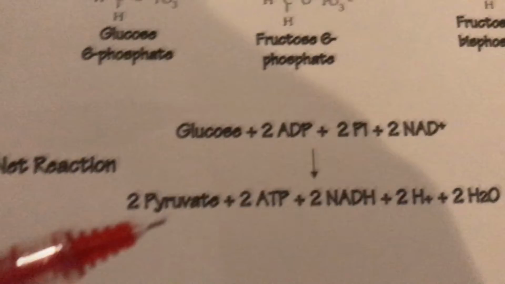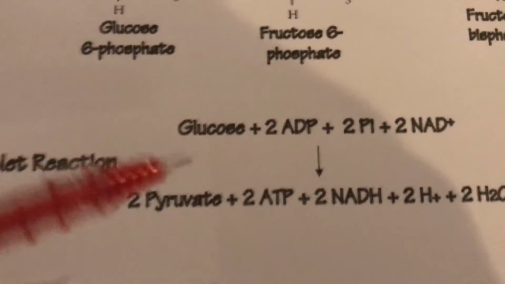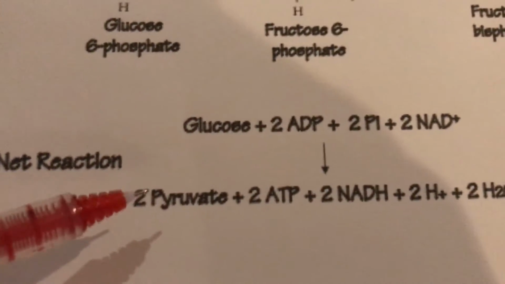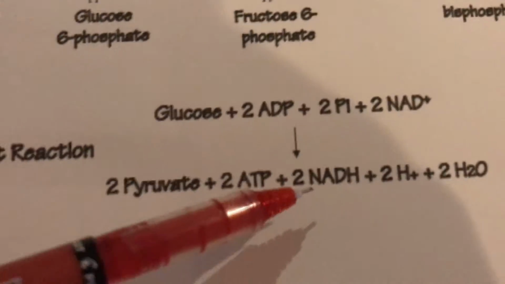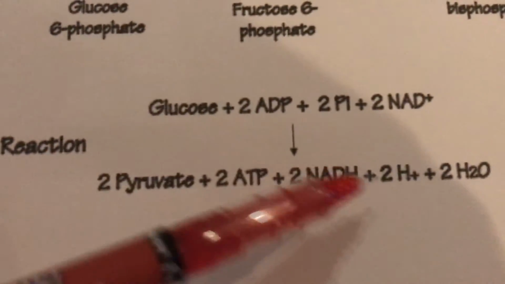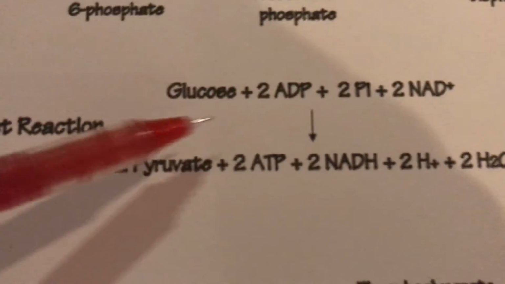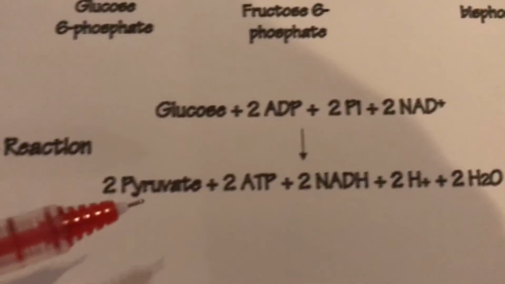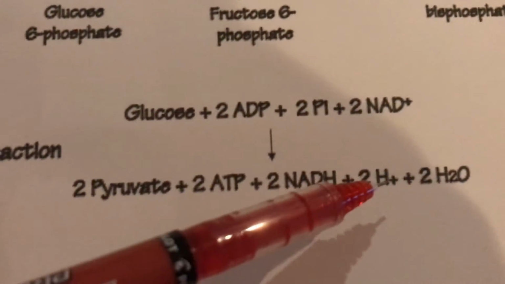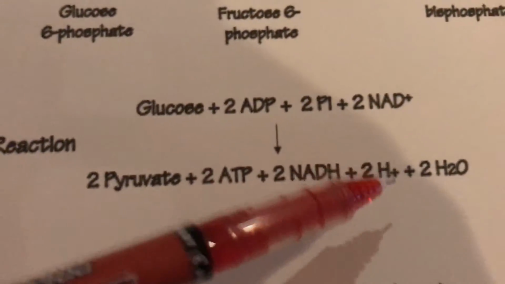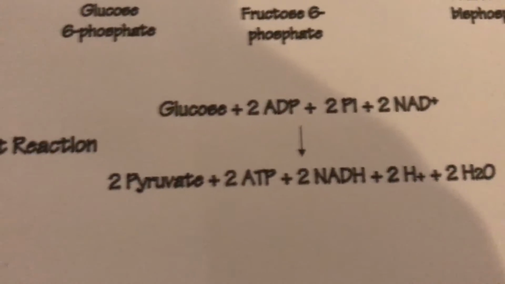And so like I said, the net reaction would be 2 pyruvate, 2 ATP, and 2 NADH. And these are the 3 most important end products. And of course, there are also 2 H2Os and 2 hydrogen ions that are formed.